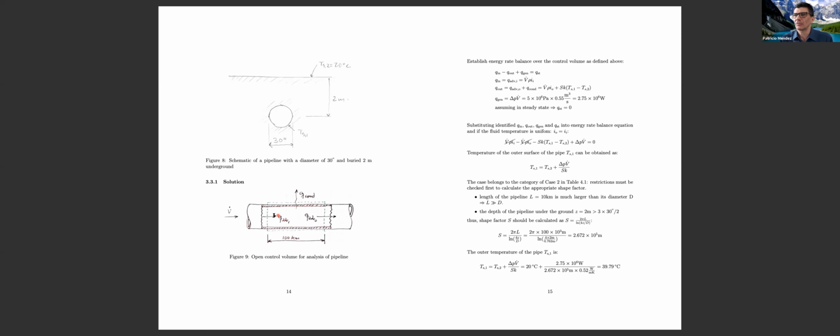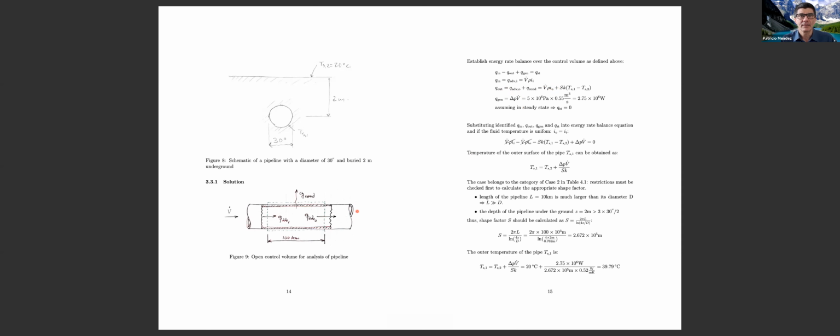What goes out is heat by advection, and also heat that goes out by conduction through the soil. Advection will be the volumetric flow times the density times the enthalpy at which it goes out. What goes out by conduction?